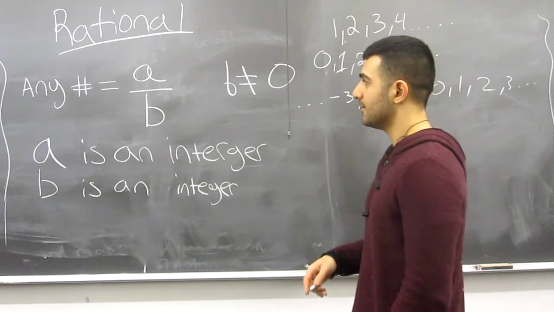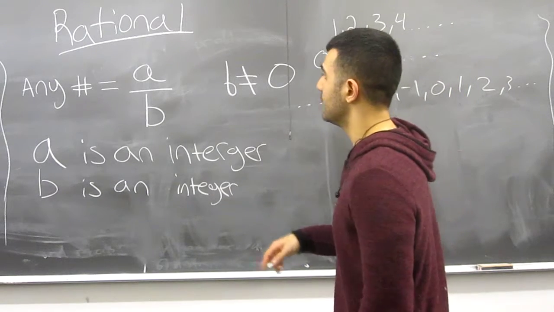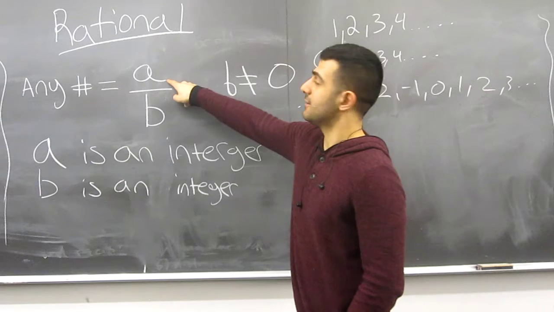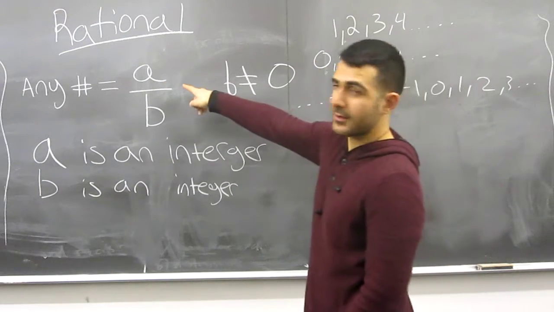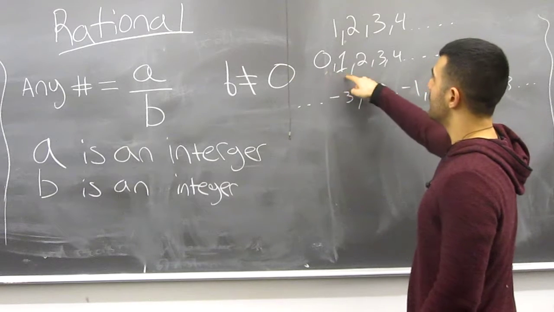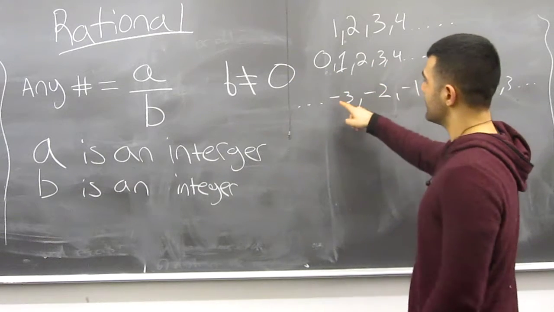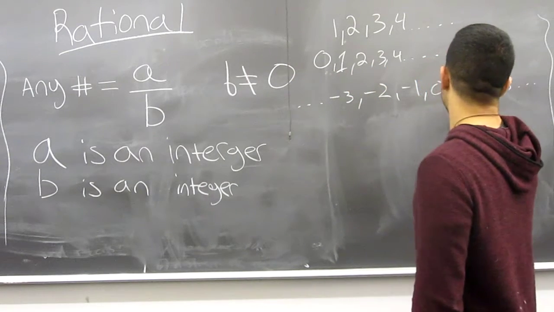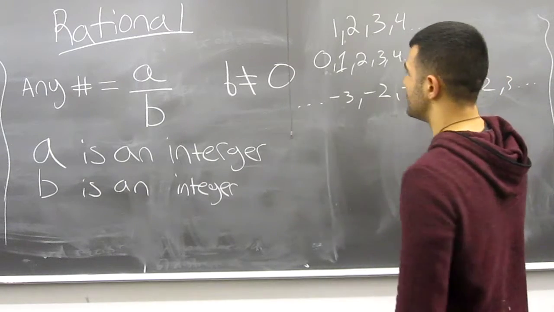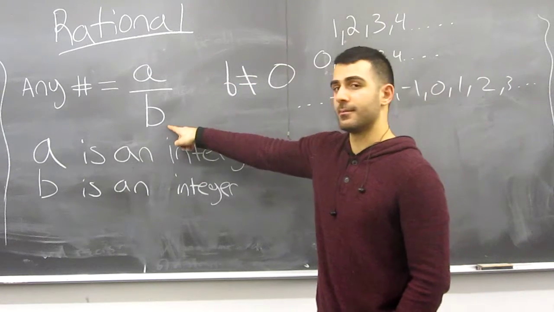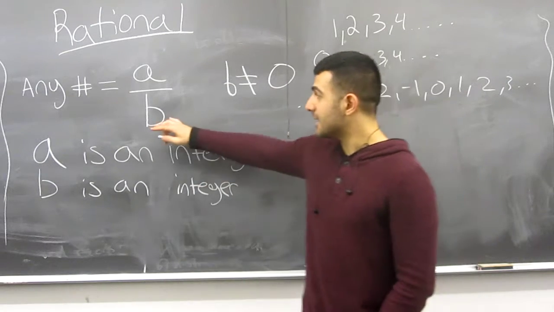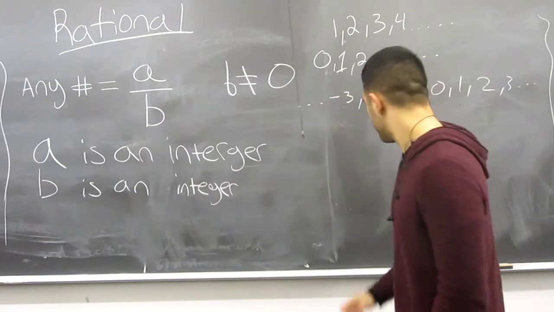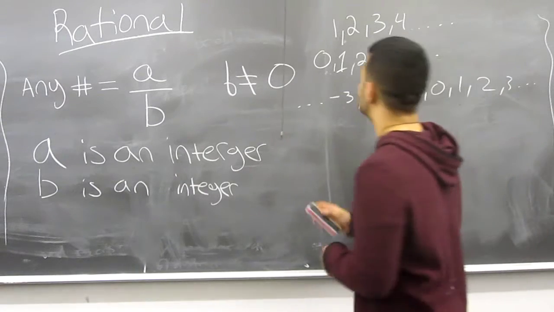A rational number is any number in which the top number can be an integer. So a, the numerator of the fraction, could be 0, 1, 2, 3, sorry, negative 3, negative 2, 1, 2. It could be any integer. The same thing at the bottom: the bottom could also be an integer. The only thing is b cannot be 0.